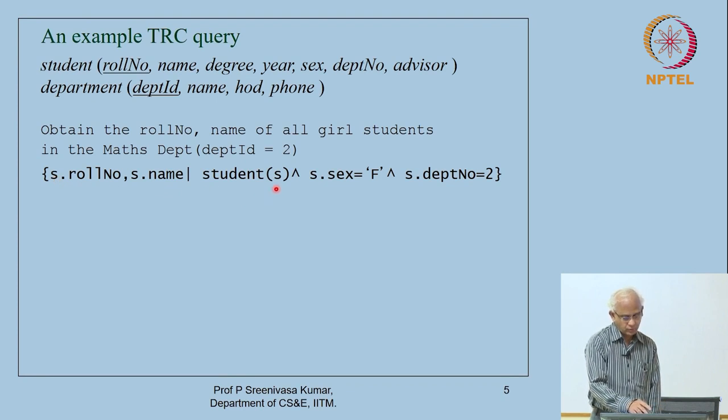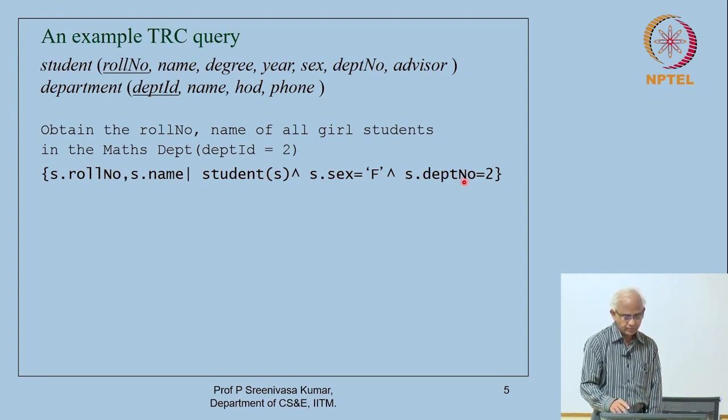We take up a tuple variable s, and say that the tuple variable should first be a student, should correspond to student, and then s dot sex should be f. So, that means we are now checking the tuple's specific component value, and s dot department number equals 2. These two conditions have to be satisfied by the tuple s.